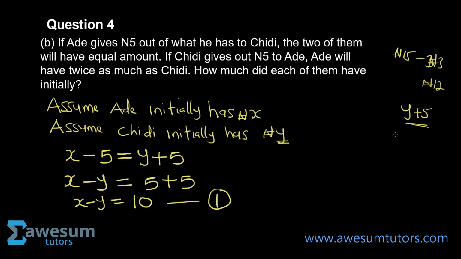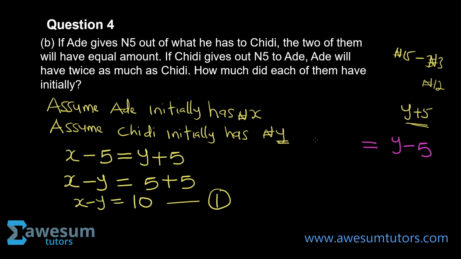So if Chidi was Y before and now he gives 5 naira to Ade, and we all know that Ade is X. What will that be?